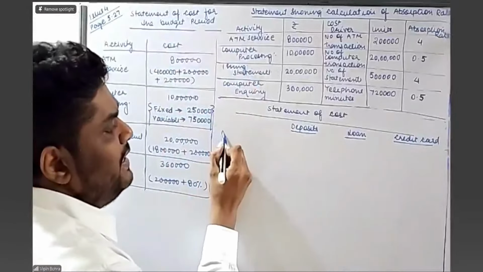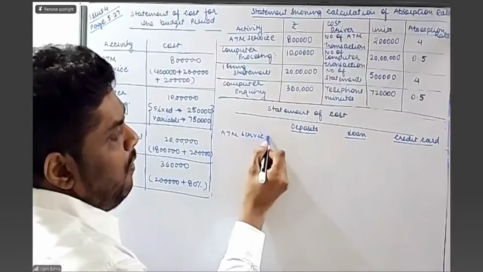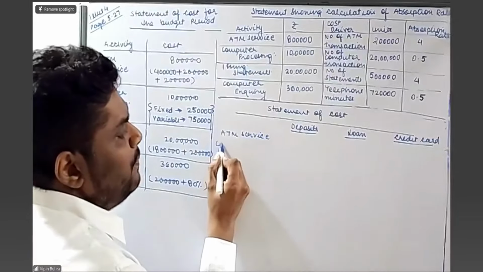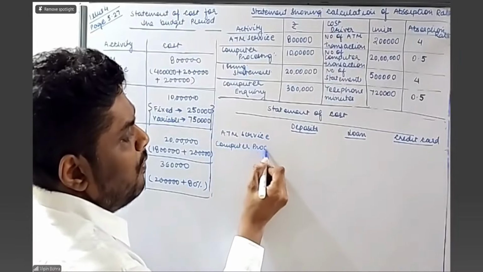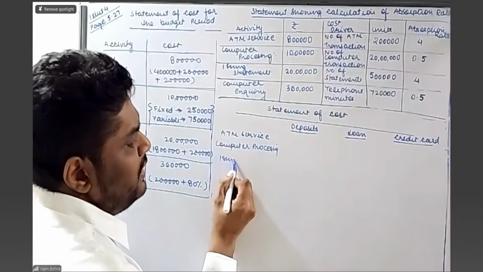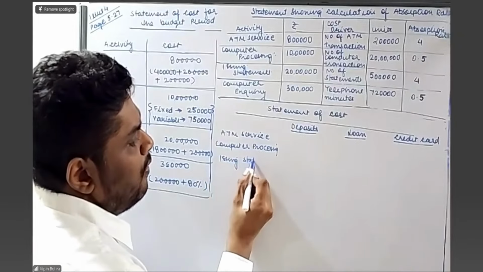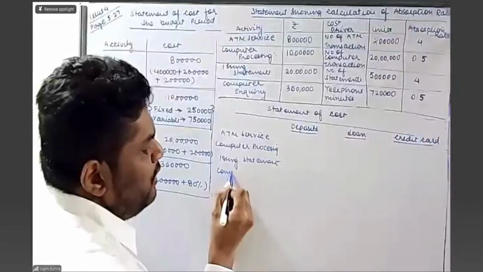First is ATM service. The second cost is computer processing. Third is issuing statement. And fourth is computer inquiry.